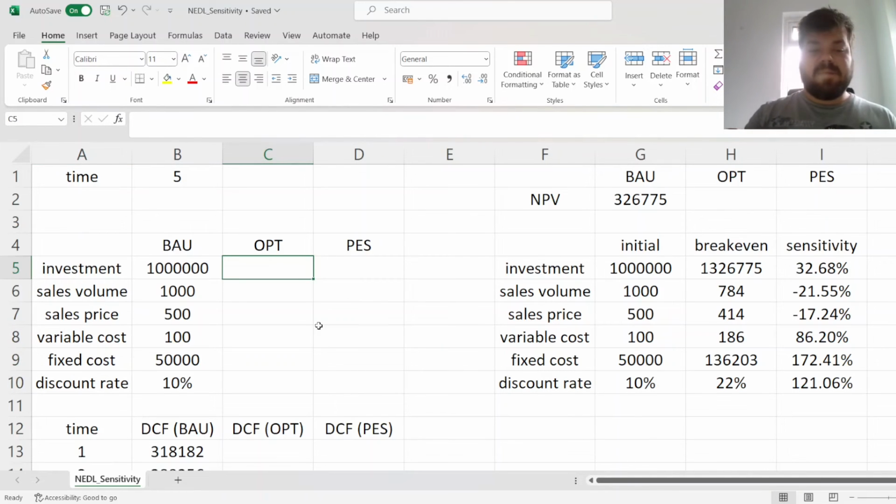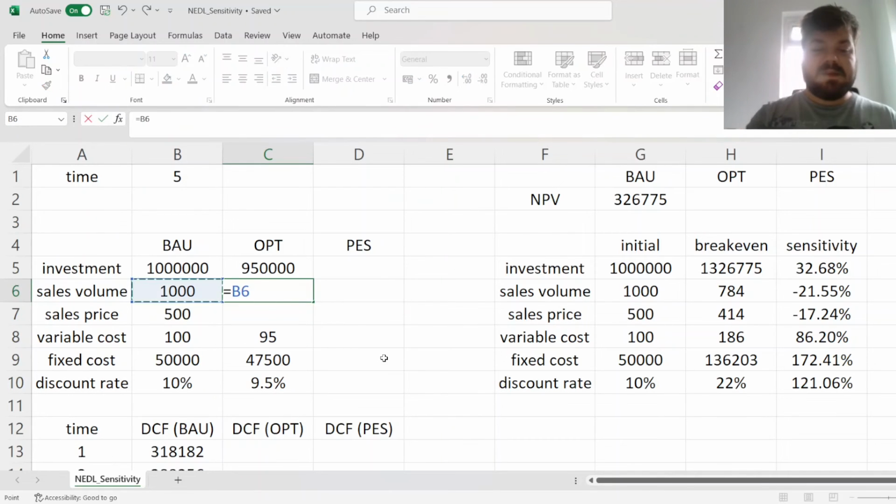So for those, the ones that are detrimental for the project success, let's reduce them all by 5%. So let's just times it by 0.95. The same with the variable cost, fixed cost, and discount rate. Whereas the sales volume and sales price, let's increase them by 5%.